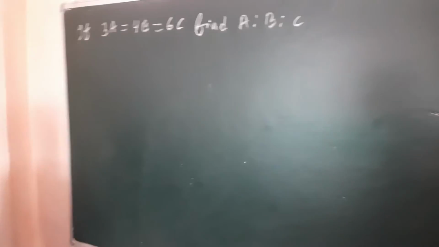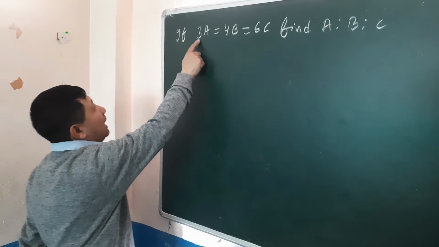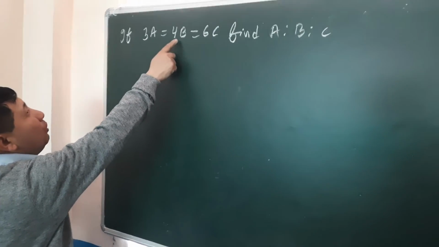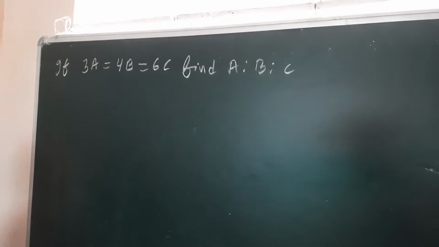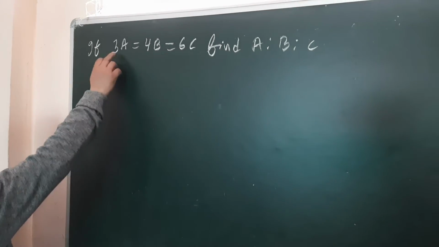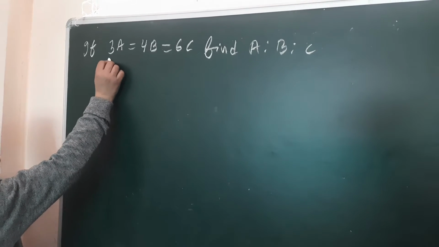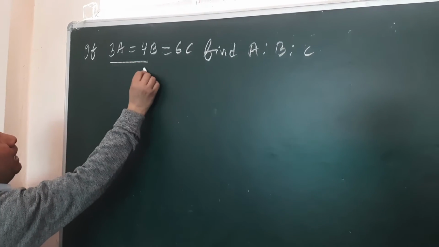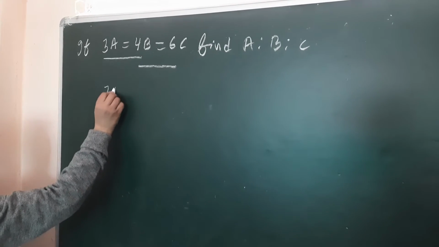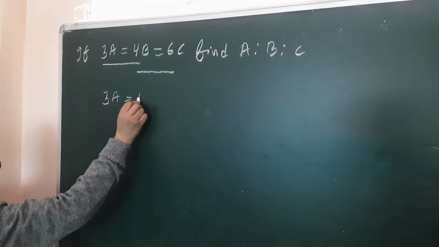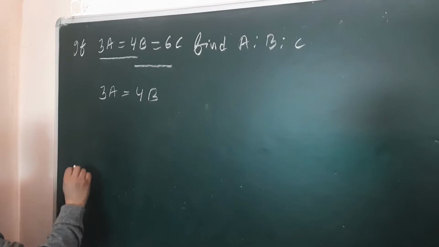Now next question is, if thrice A equal to 4B equal to 6C, now you have to find A is to B is to C. Now here what will you do? You have to separate it. First these two and second one these two. So write down clearly 3A equal to 4B.